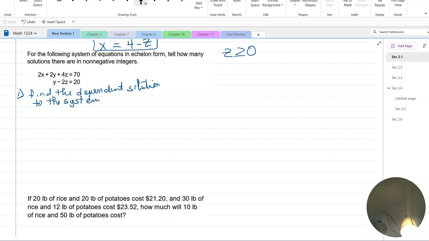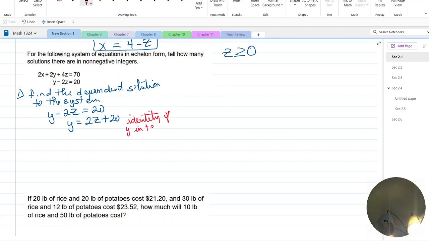And of course, this one's easy because we already have an identity. Y minus 2Z equals 20. So Y equals 2Z plus 20 is our identity in terms of Z. So now what we're going to do is substitute.